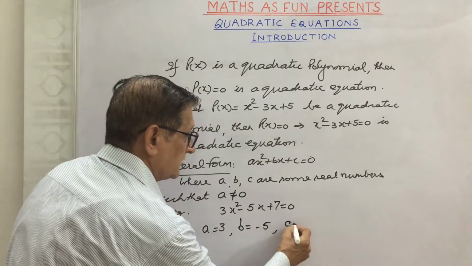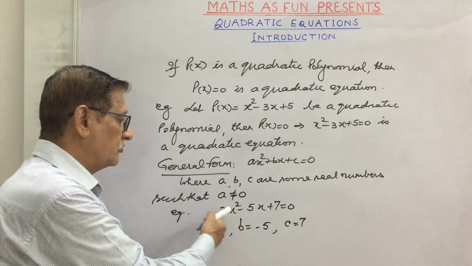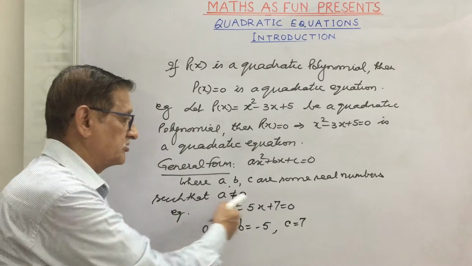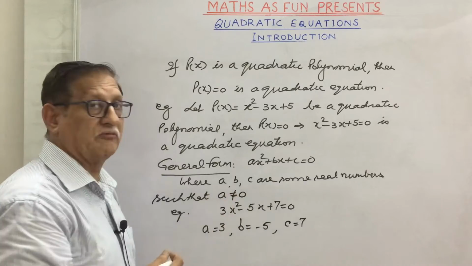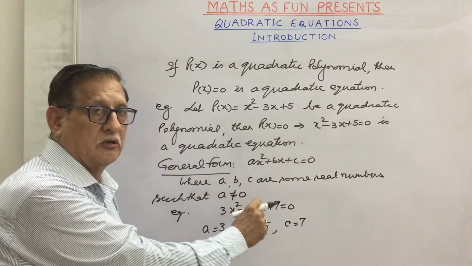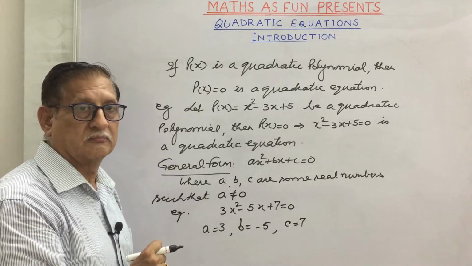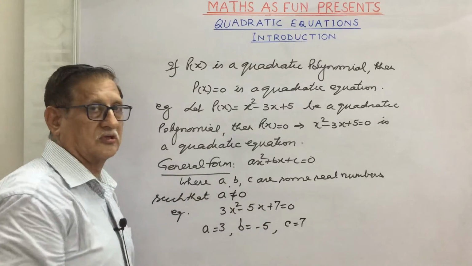And c is the constant term, that is 7. Like this we can find out the values of a, b, c from the equation. But we have to remember one thing, that for writing any quadratic equation, we should write it in the descending order of the degree of x. That is, first x², then x, and then the constant term.